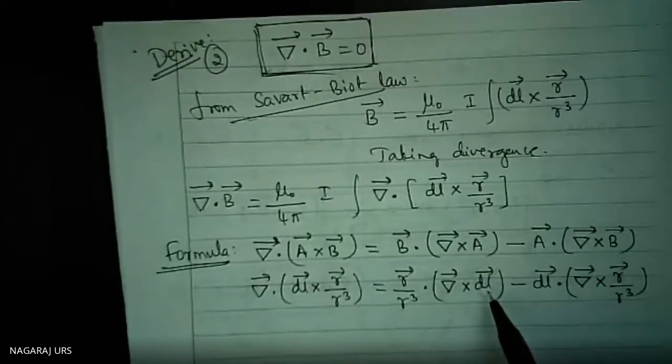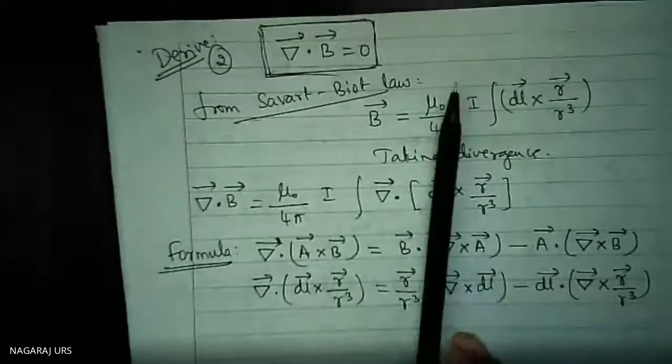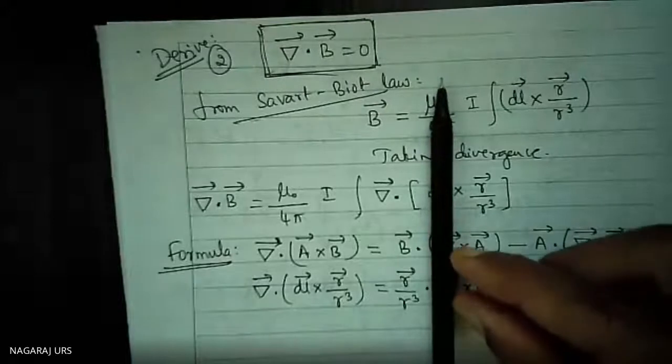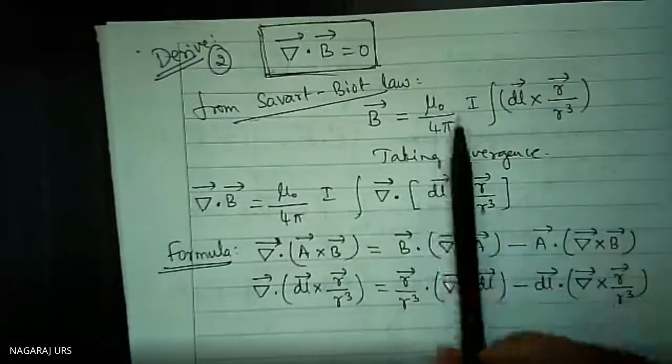Here, this is a current element. It is not a function of coordinates. dl is a current element, meaning a wire; if a wire is present like this, a small length of the wire I can take as dl.